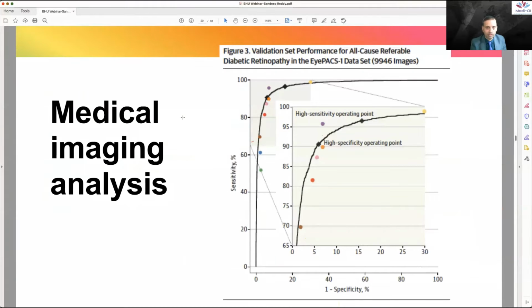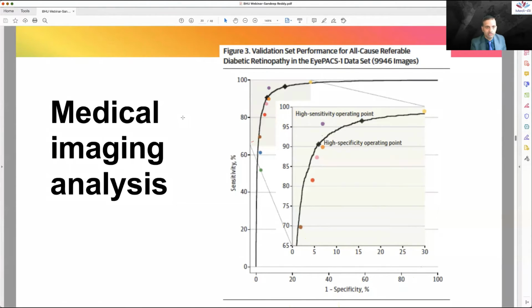In fact, when you look at studies where convolutional neural networks were used to analyze medical images, they have performed as well as doctors. In this case, what you see is the result of a convolutional neural network used for identifying diabetic retinopathy, a condition of the eye caused by diabetic complications.